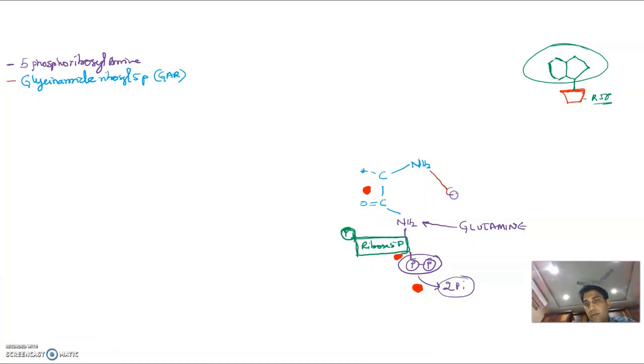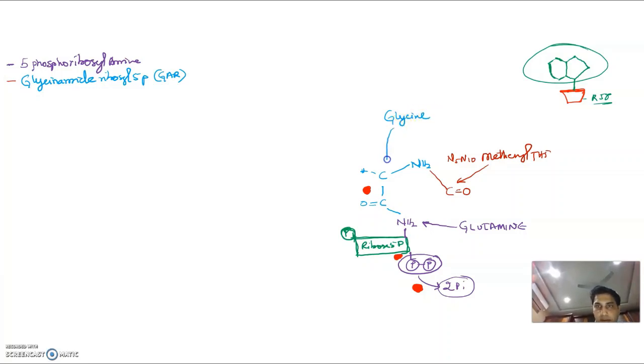A carbon group is attached from tetrahydrofolate, that is N5,N10 methenyl tetrahydrofolate, which gives a carbon and gets converted to tetrahydrofolate. This is the one which is giving this carbon, and this nitrogen was given by your glycine.